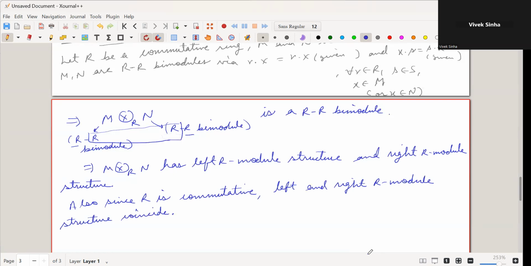Okay, and thus M tensor N is, you can simply say, an R-module.